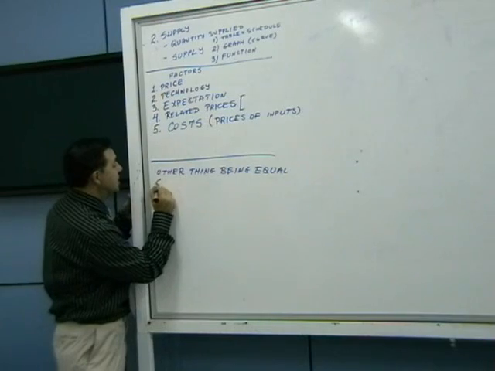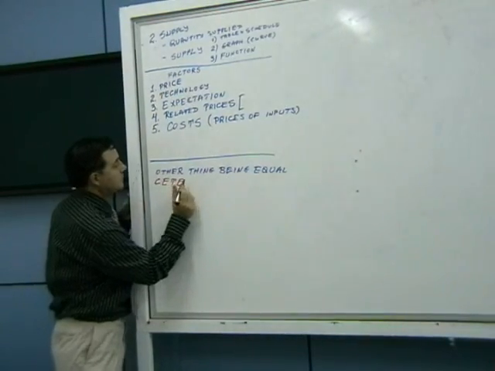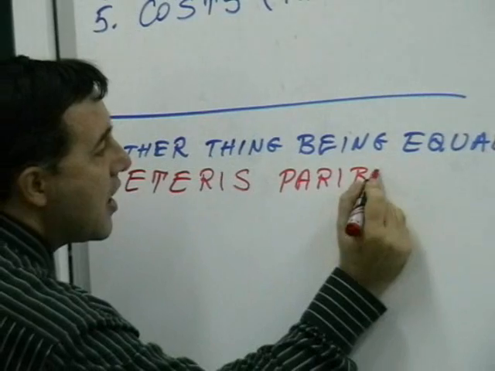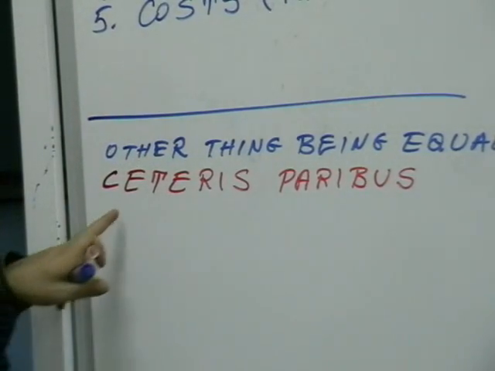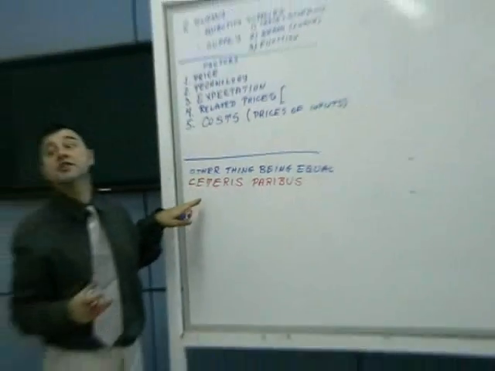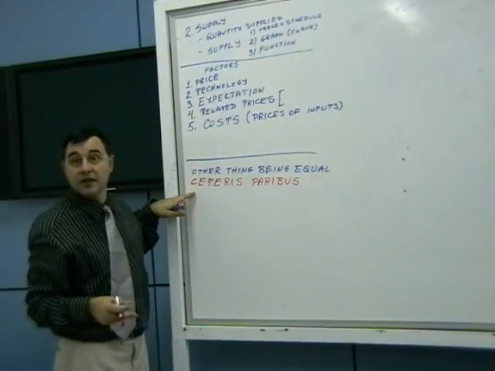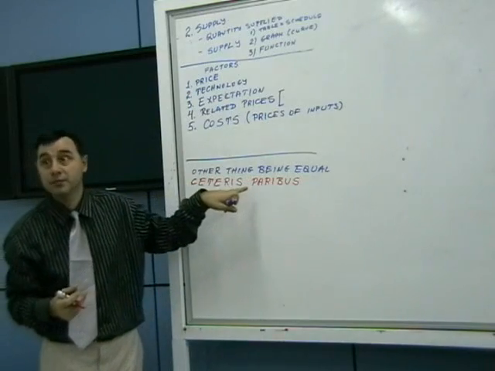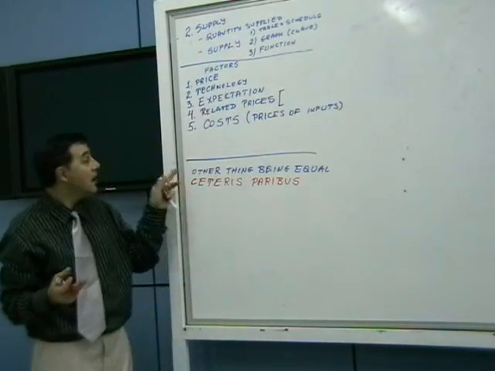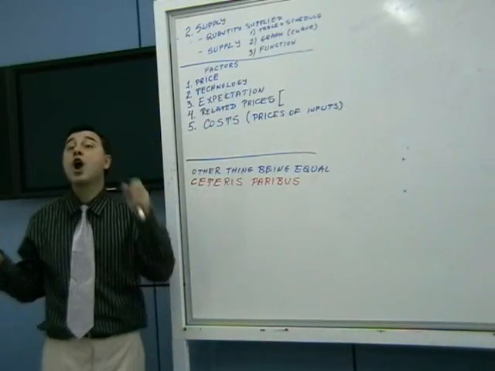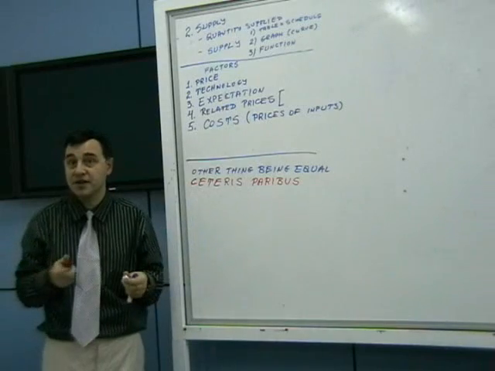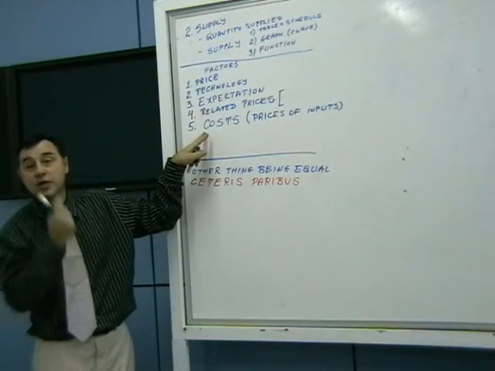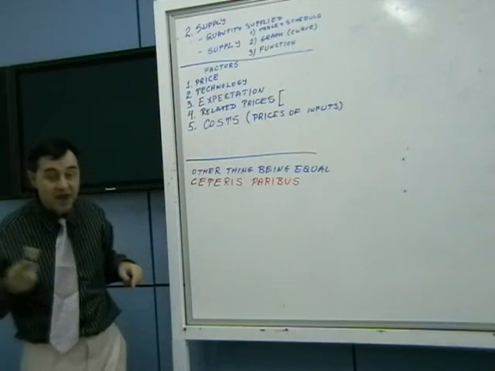We call it ceteris paribus, which is not English, it is Latin, and is directly borrowed in English. Ceteris paribus simply means other things being the same, or other things remaining constant. Equal is the same as constant. Or other things remain unchanged. Alright, so costs will be an important factor, other things remaining the same.